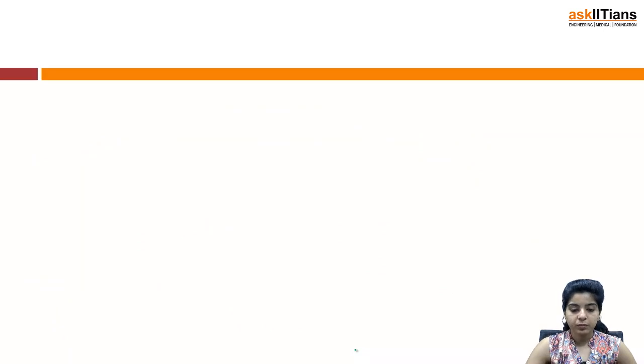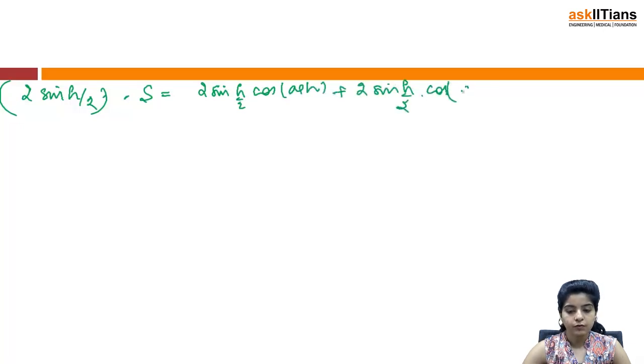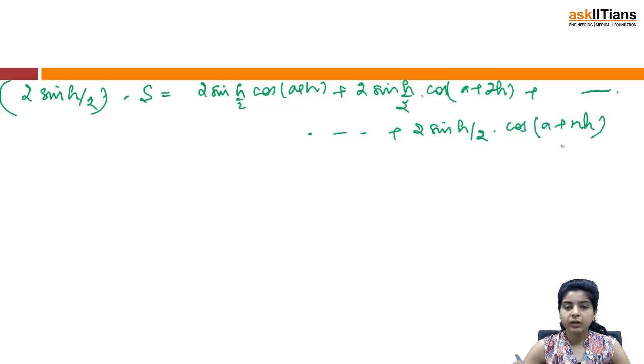So once I multiply both sides by 2 sin h by 2, what do I get? 2 sin h by 2 into s is equal to 2 sin h by 2 cos of a plus h, then I have 2 sin h by 2 cos of a plus 2h, so on, 2 sin h by 2 cos of a plus nh, right? Now why did I do so? So that I can now apply the trigonometric formula.